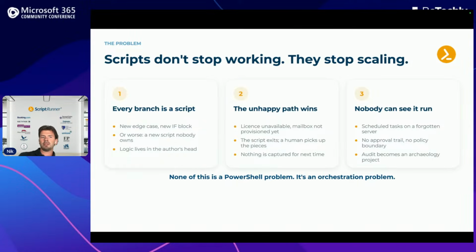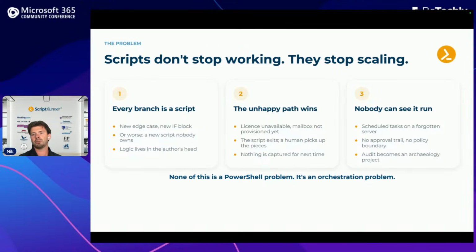And the third reason is visibility. So there is no central visibility. Nobody can see what has been executed, right? And let's say you also have a unified stack, different platforms. Everything is scattered, and nobody really has this one clear picture of what has been executed.